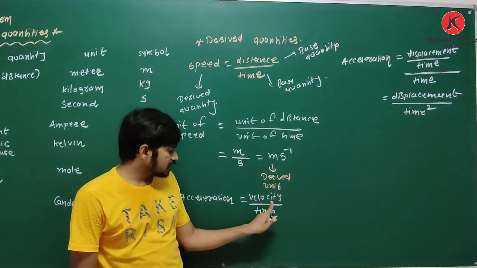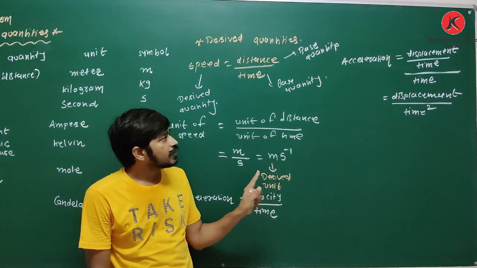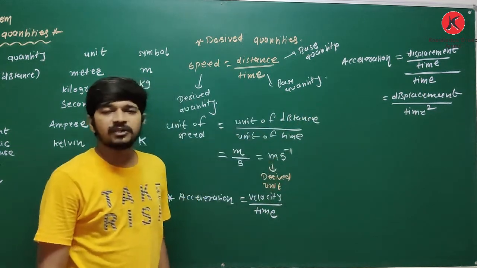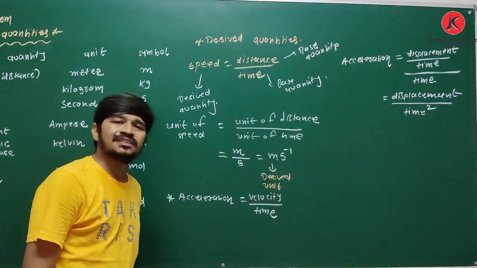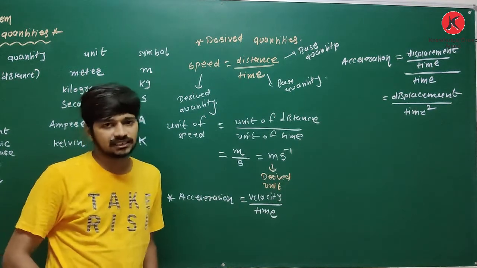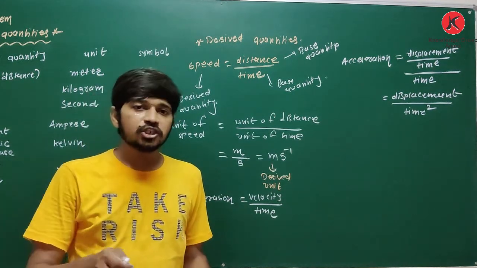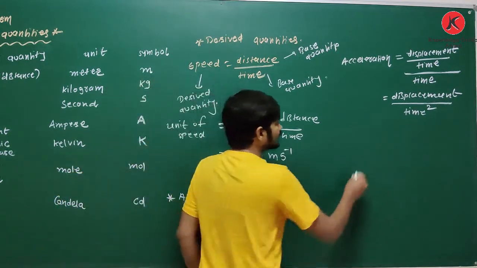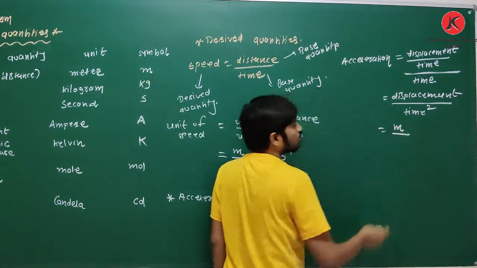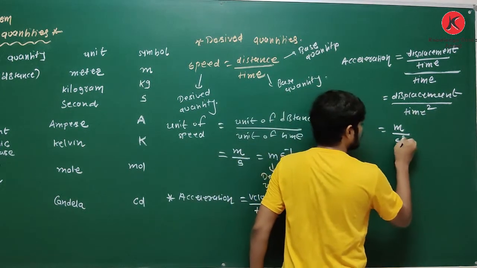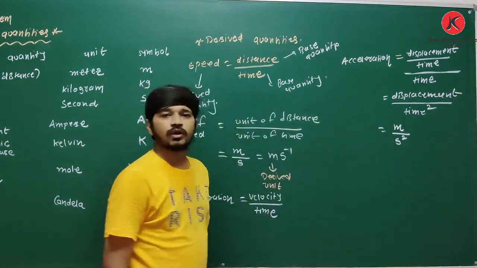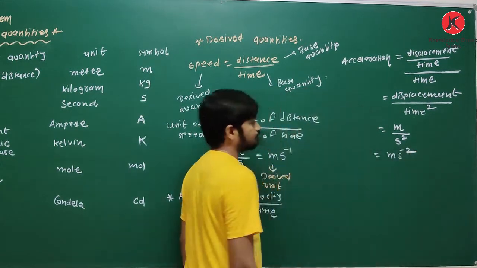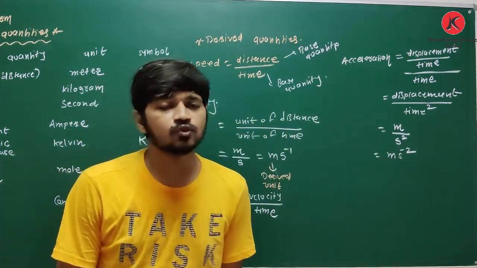Now displacement means nothing but the shortest distance, the distance between initial and final position. So its unit is meter. And what is the unit of time? It is second, but here it is time square. So second square. Or you can also write this unit as meter second to the minus 2.